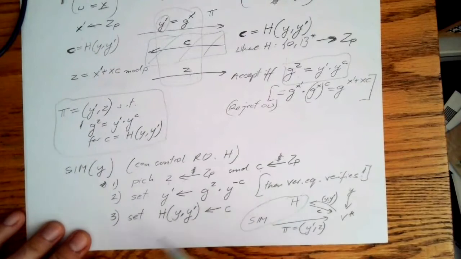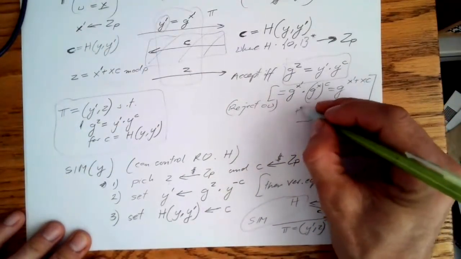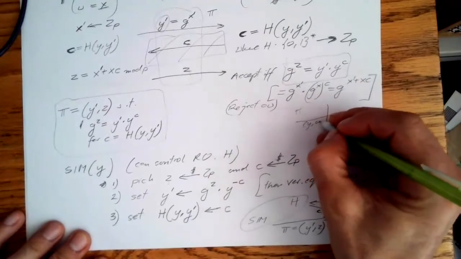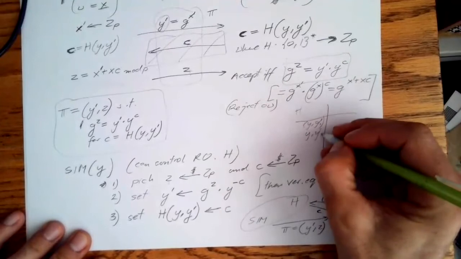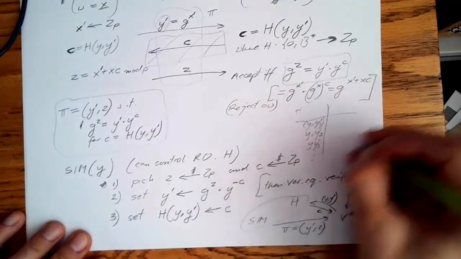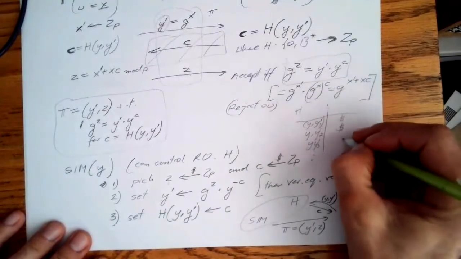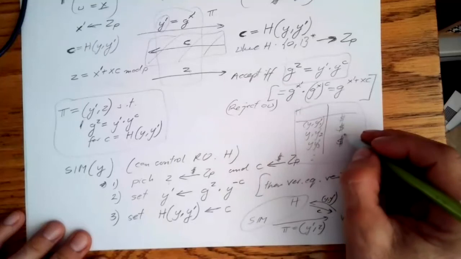But how can anyone see the difference if the random oracle h is this big table in the sky, for first version, second version, third version, etc., and each of them has random values, right?